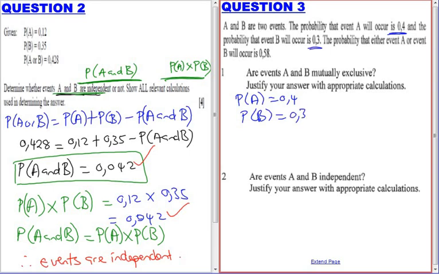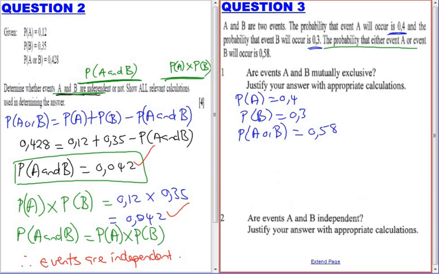The probability of either A or B. A or B. What is this? It's 0.58. Well, once this information is given, so let's just make sure we are getting the statement. What does it say? The probability that either event A or event B will occur is 0.58. Okay, perfect. We have the statement right. Okay, let me just put these away.